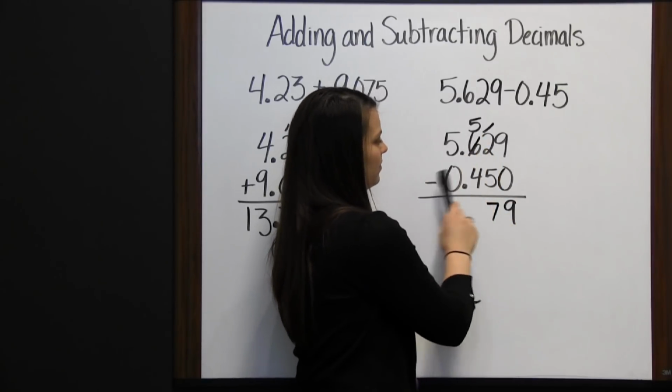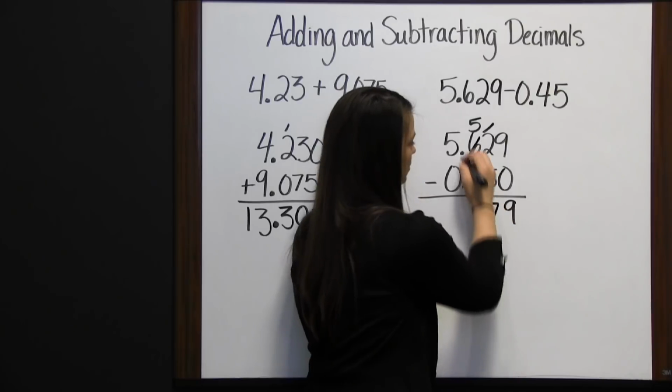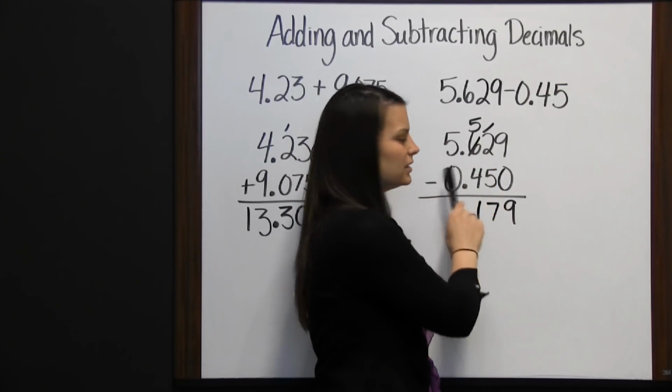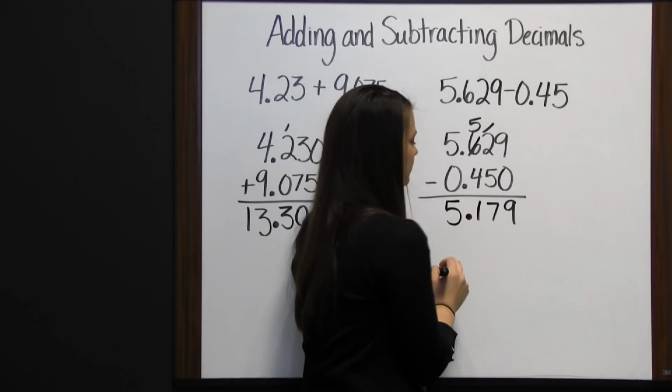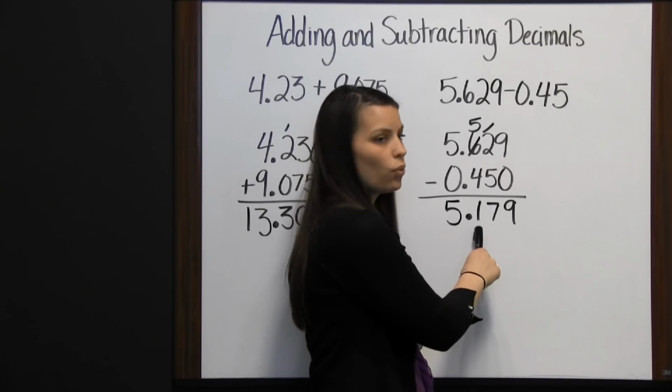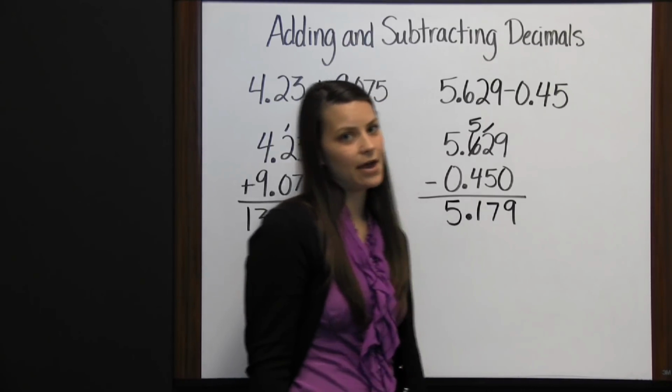And then 5 minus 4 is 1. We bring our decimal down. And 5 minus 0 is 5. So our result, or our difference, is 5 and 179 thousandths.